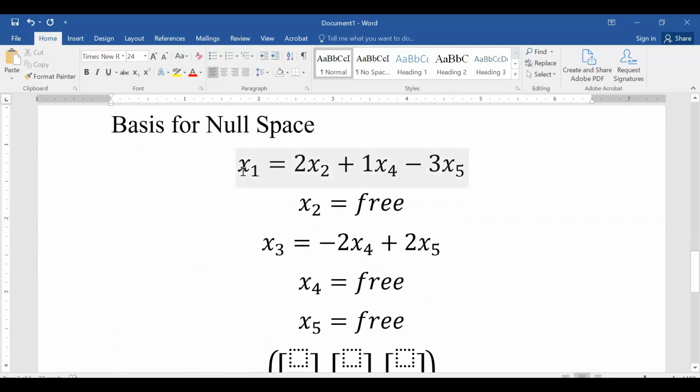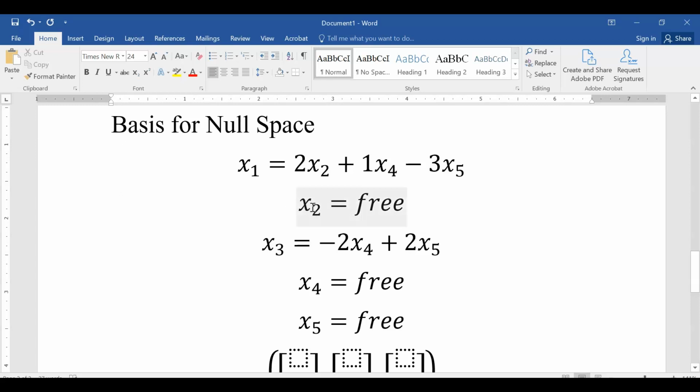So as far as looking for the null space, I'm going to start with the general solution. x1 is equal to 2x2 plus 1x4 minus 3x5. x2 is free. x3 can be written that way. x4 and x5 are free. And then for the basis, I just put a vector representing each free variable.